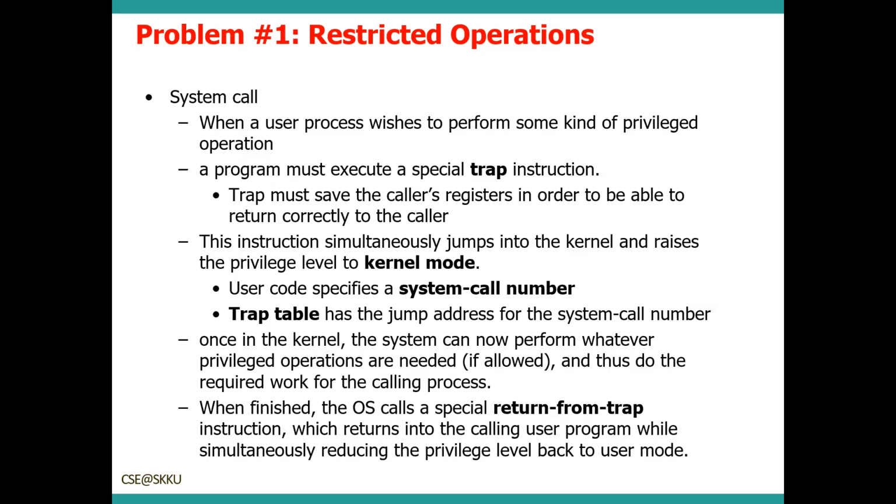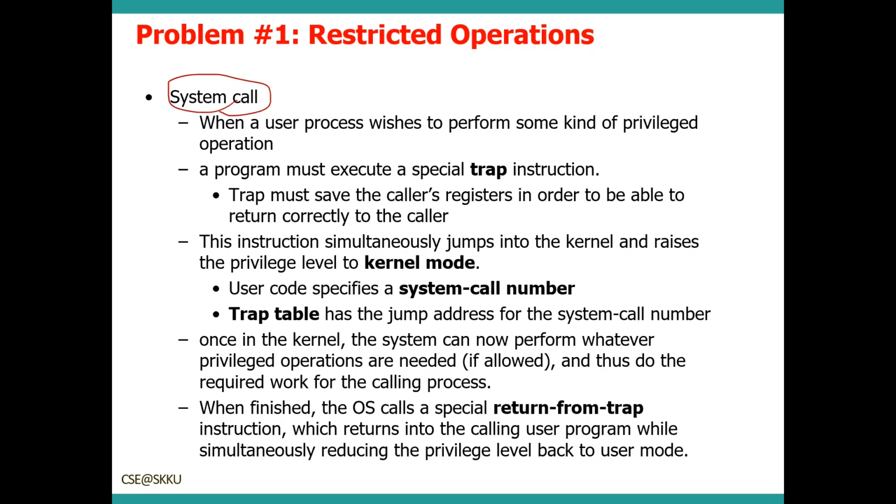Okay, so when a user program runs in user mode, its operation is restricted. Then how can a user process perform privileged operations such as reading from disk? To enable this, virtually all modern hardware provides the ability for user programs to perform a system call.